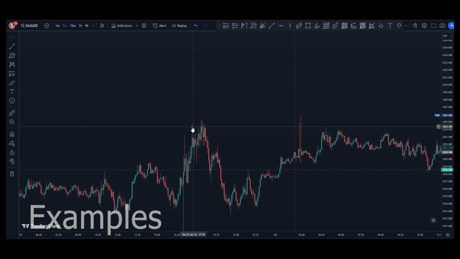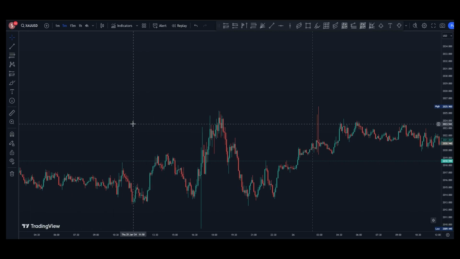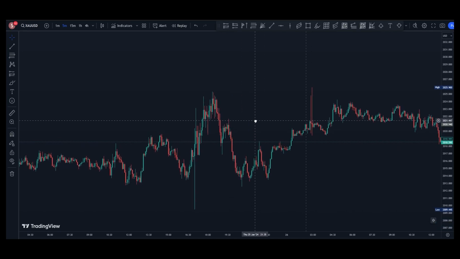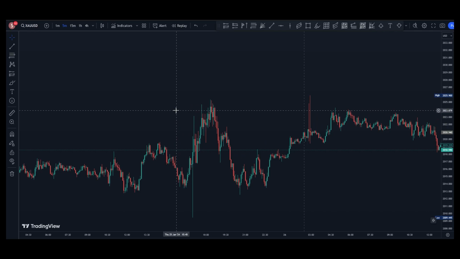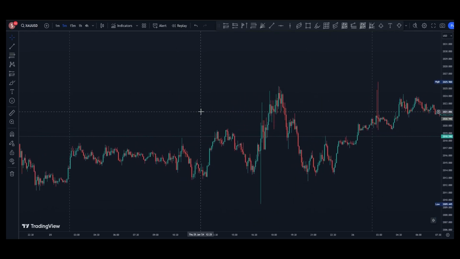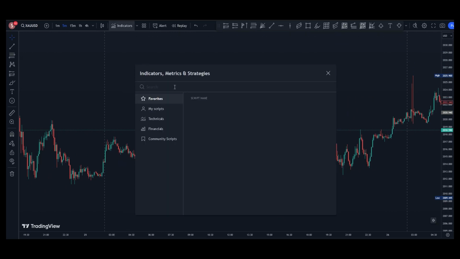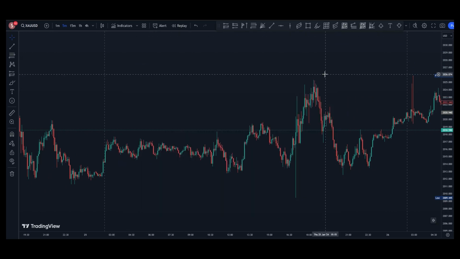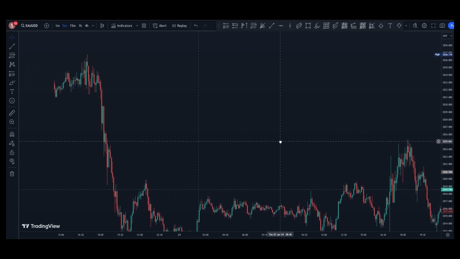Well, let's add these two indicators. I'm going to add two indicators both in one chart, because ATR itself cannot give you an entry signal for your trade, so I'm going to add two indicators and see how it goes.